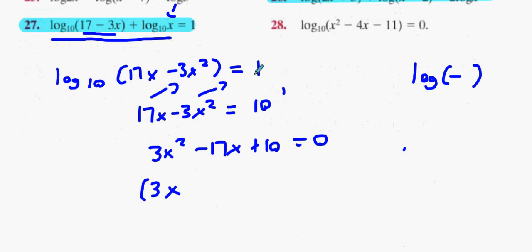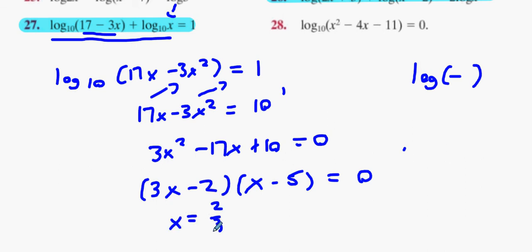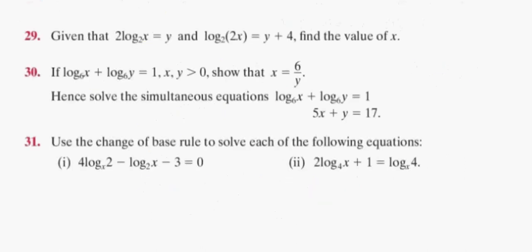It moves around in the same way. Okay. Now, what are the two numbers we're going to put here, lads? What do you reckon? 5 and 2? So, x equals 2 over 3 or x equals 5. Happy days. Everybody cool with that? Alright, is there anything beyond that?